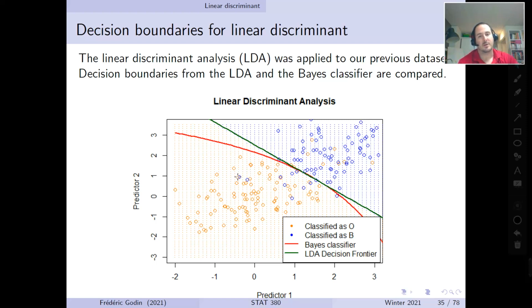Now let's say we apply the LDA approach on this same data. The decision frontier we would obtain is the green line here. On this side of the green line, the points are classified as blue. On this side, everywhere here, points are classified as orange.